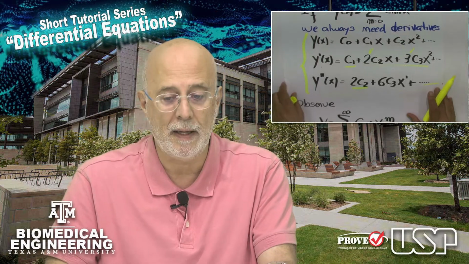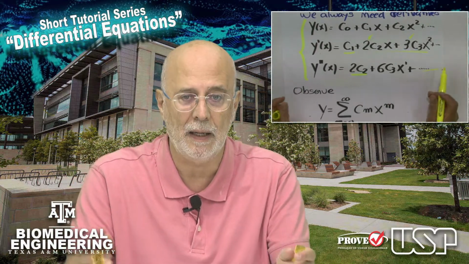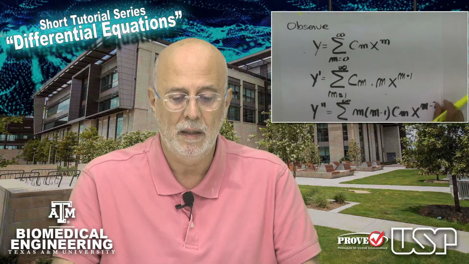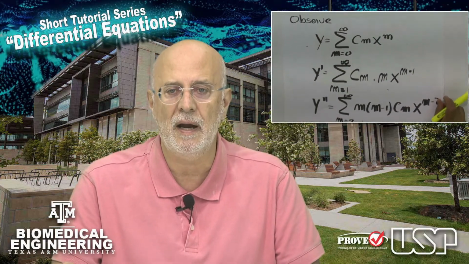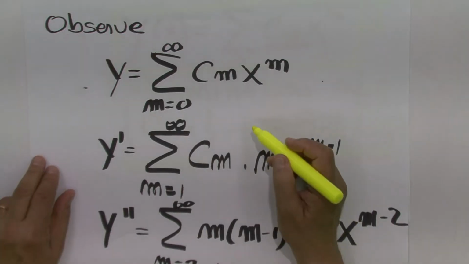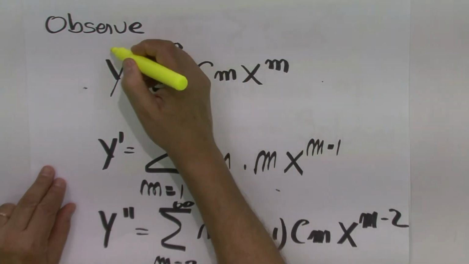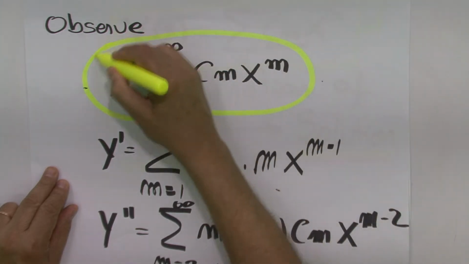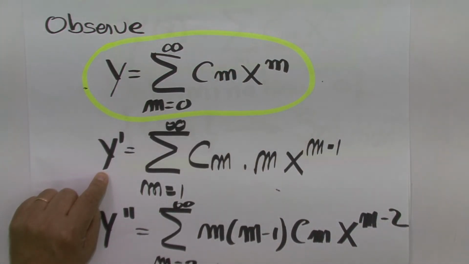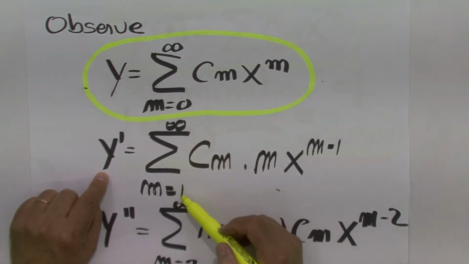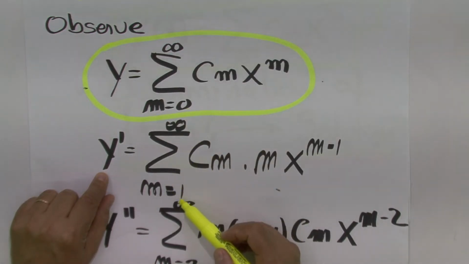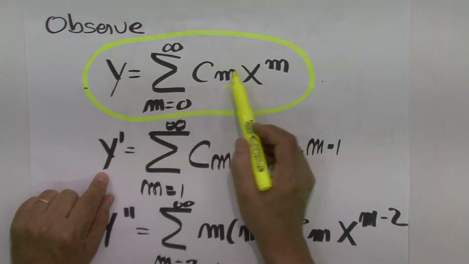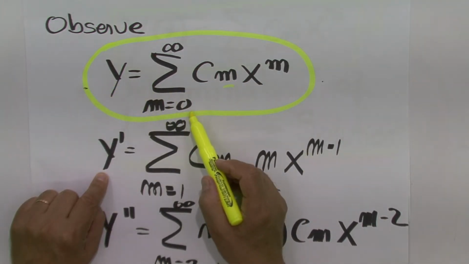And we can express, as we normally like in mathematics, the derivatives in a generic way. So you should observe that if I express y as a series, the first derivative will not start at 0. We start at 1, right? The index of the original function starts at 0.